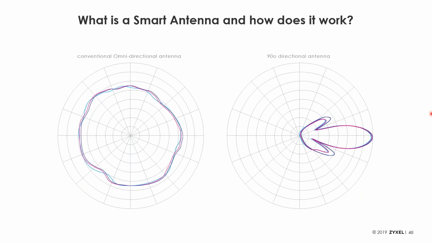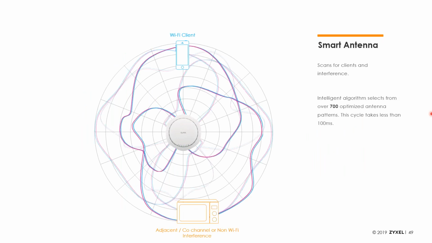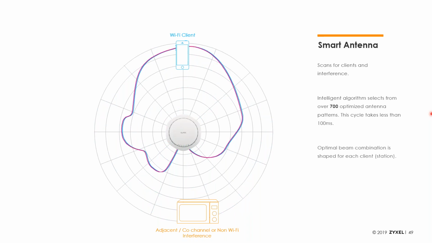From the antenna perspective, we combine the omnidirectional antenna patterns, the highly directional patterns, and everything in between. Basically, the AP scans and selects the best possible antenna pattern for each and every client individually, and is able to keep this up for each and every client.